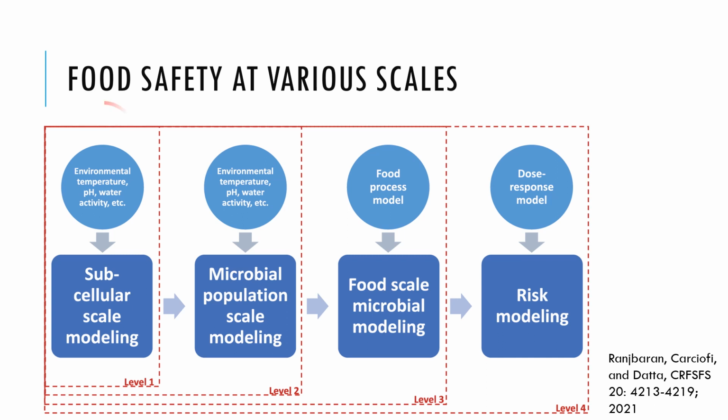We can do subcellular scale modeling to reveal the underlying mechanisms of biochemical processes that happen inside a bacterial cell. That is not what we will talk about in the subsequent videos, but just to show that that is another scale that is possible.